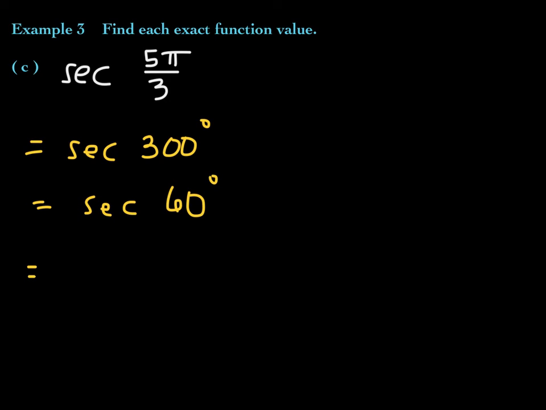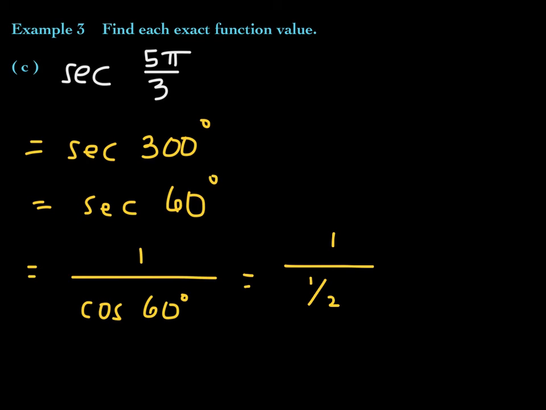Secant of 60 degrees is equivalent to 1 over cosine of 60 degrees. So as long as you remember what cosine of 60 degrees is, which is 1/2, it's 1 over 1/2, which is just the number 2. So 2 is secant of 5 pi over 3.